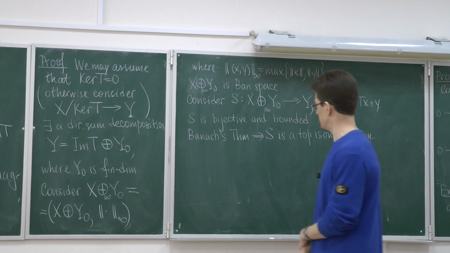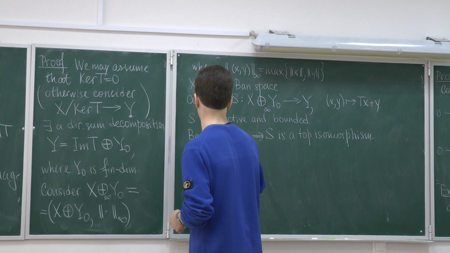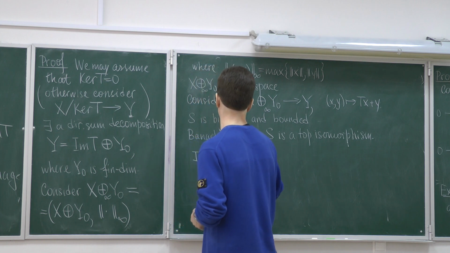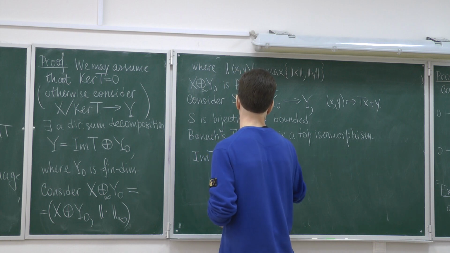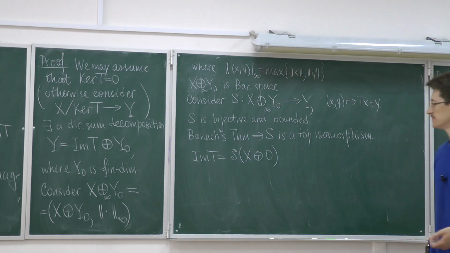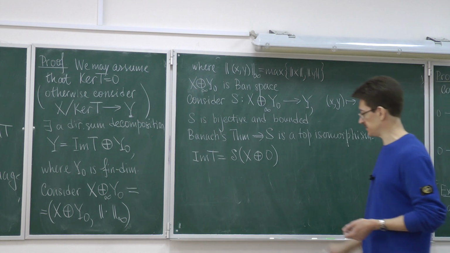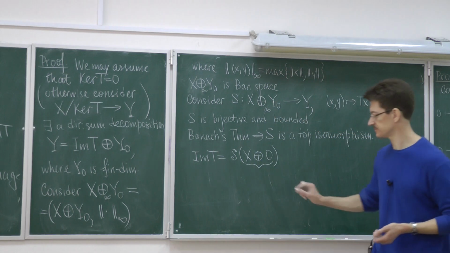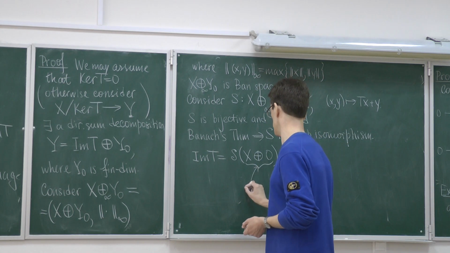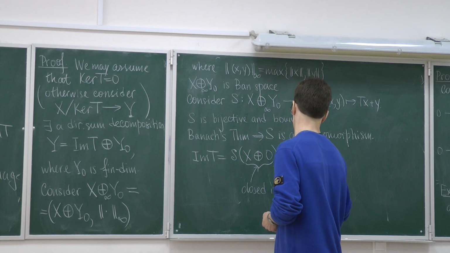To complete the proof, we observe that the image of T is nothing but S applied to X plus 0, just by the definition of S. And X plus 0 is easily seen to be closed in the L infinity direct sum. The subspace is closed in X plus Y0.